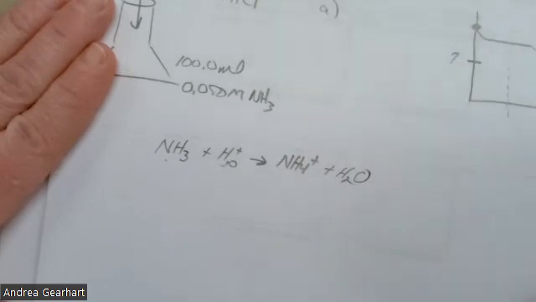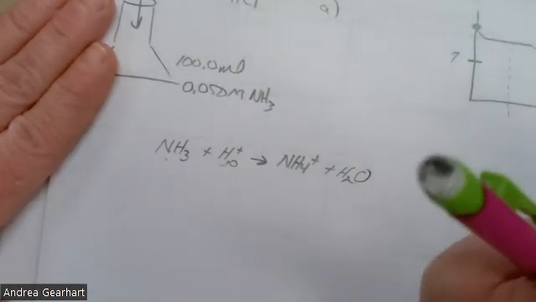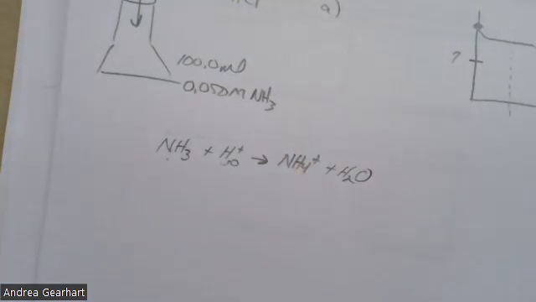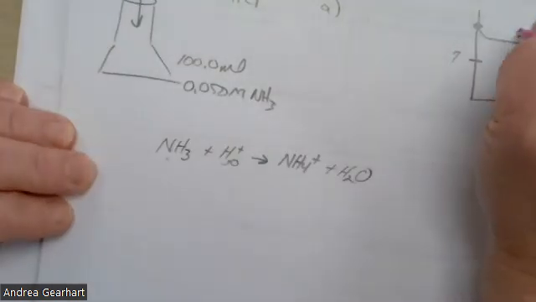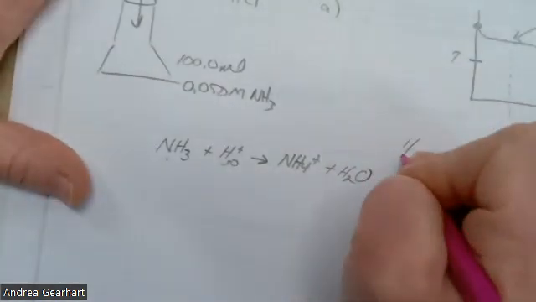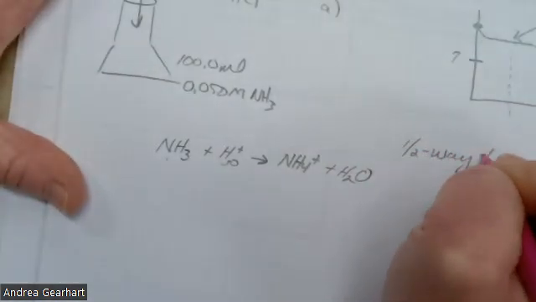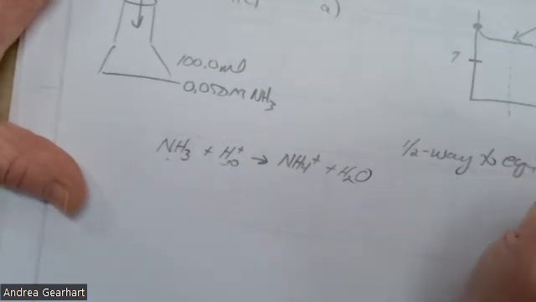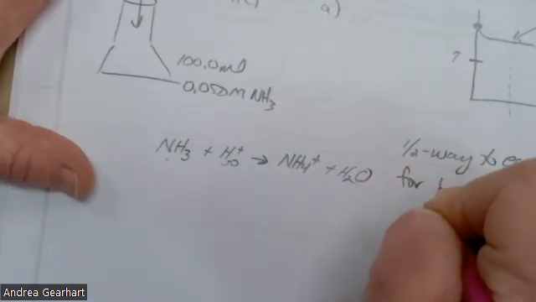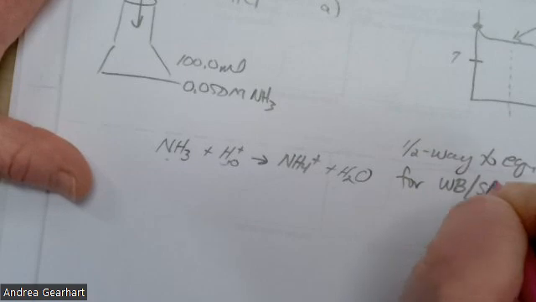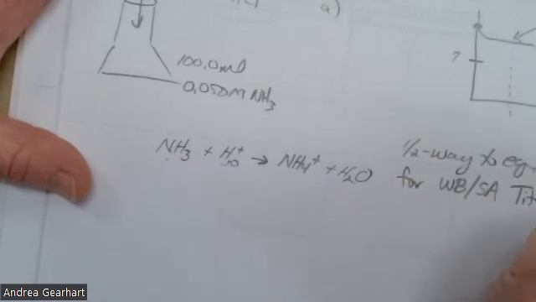Halfway there. What would it be? That would be pOH. So we could say halfway to the equivalence point for a weak base strong acid titration, what can we take to the bank?